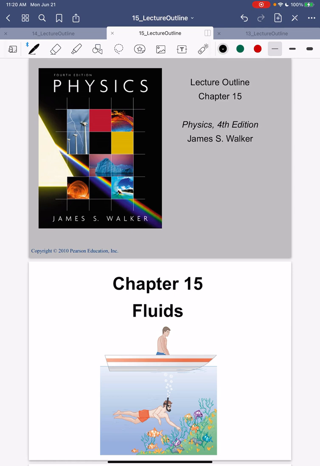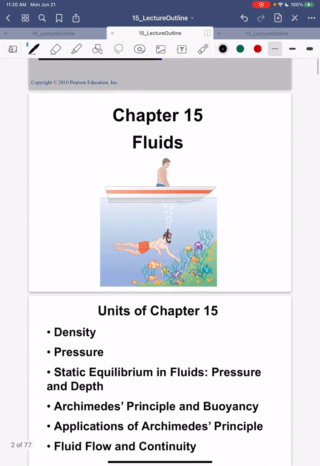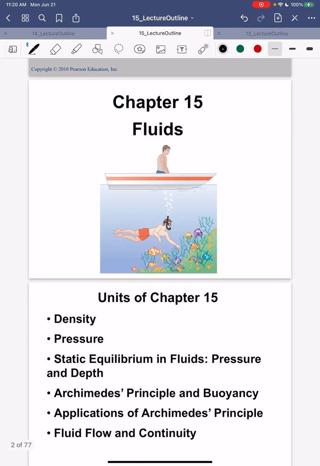Now, in chapter 15, we are talking about materials that we can classify as fluids, okay? And we are going to know which materials really are fluids. We will study different laws here, concepts, new quantities.